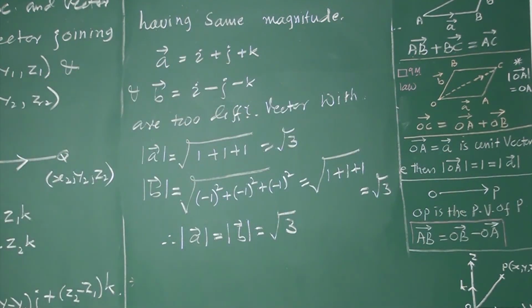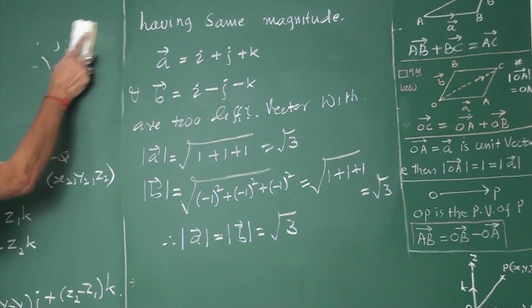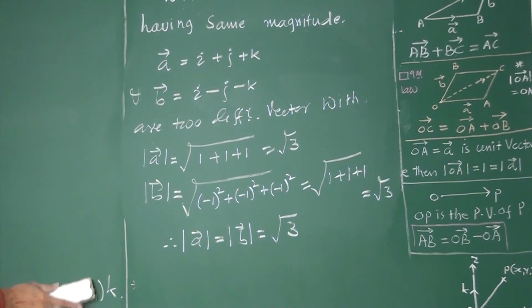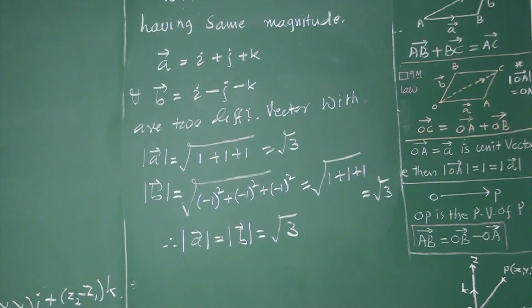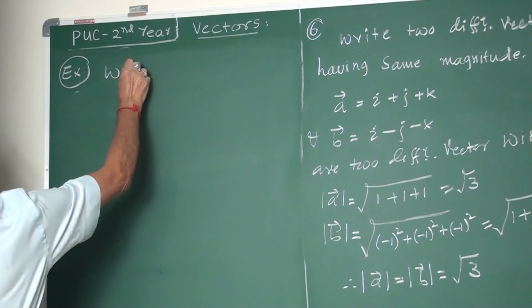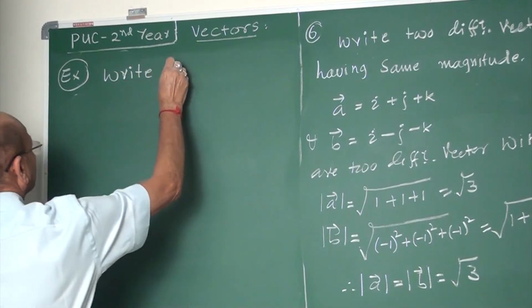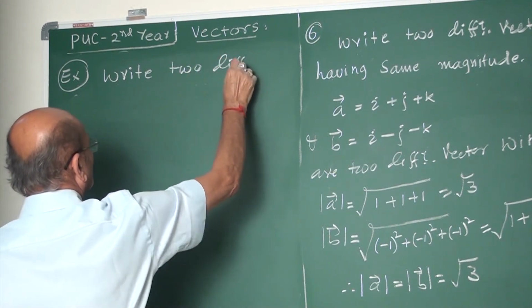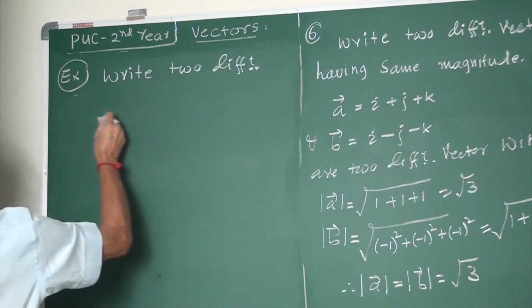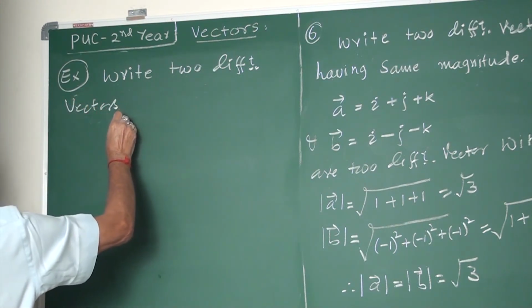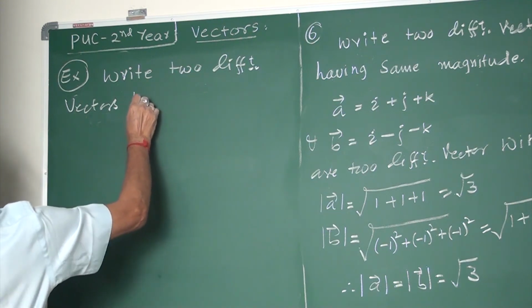Another example is same direction, my friends. Write two different vectors having the same direction.